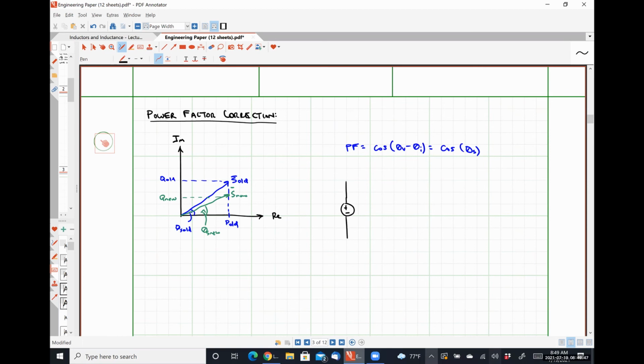We have some voltage source and it is supplying some resistance. Doesn't really matter if it's in series or in parallel because they'll both behave like an inductive load. So this is what the old quantity represents. And then what we're doing is we're throwing a capacitor in parallel that will wind up raising the power factor at which our source is supplying power.